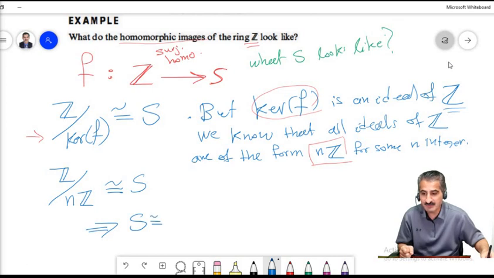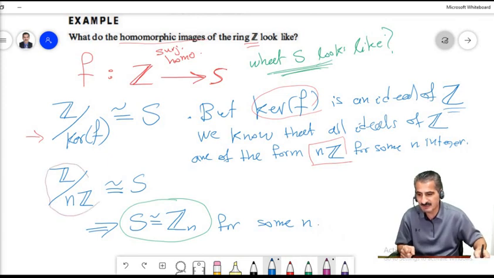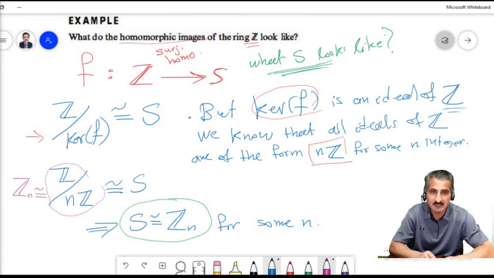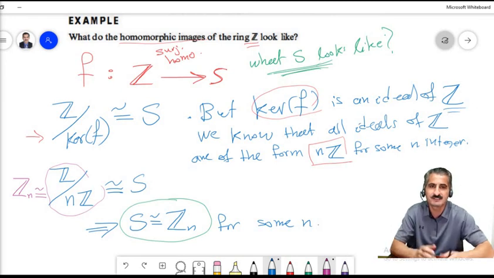So S will be isomorphic to Zn for some integer n. So the question, what S looks like: Zn for some n. And how do you know that? Again, because this is simply isomorphic to Zn. So homomorphic images of Z are either Z2, Z3, Z4, Z5, or Zn for some n.